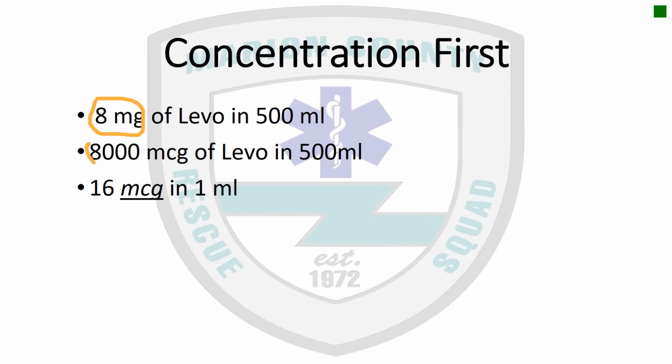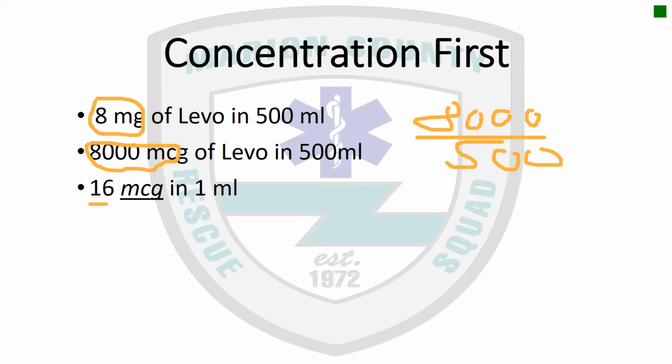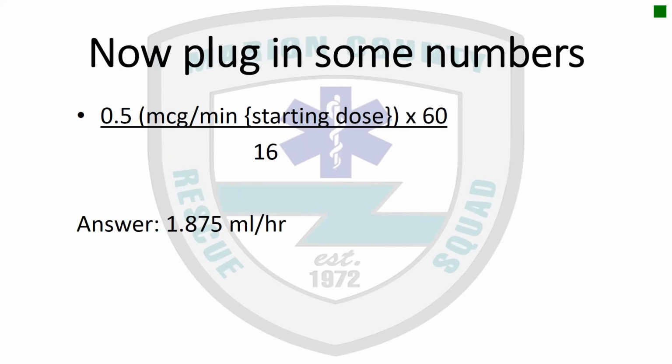So that gives us 8,000 micrograms in 500 milliliters of D5W. To figure out our concentration in 1 milliliter, we simply divide 8,000 divided by 500 equals 16 micrograms in 1 milliliter of D5W. We now have our concentration.